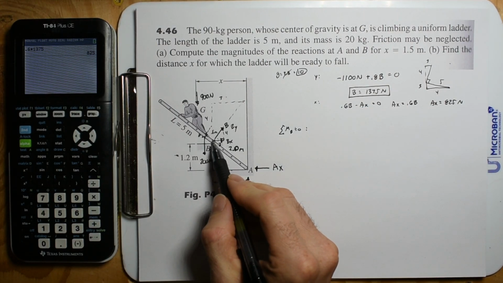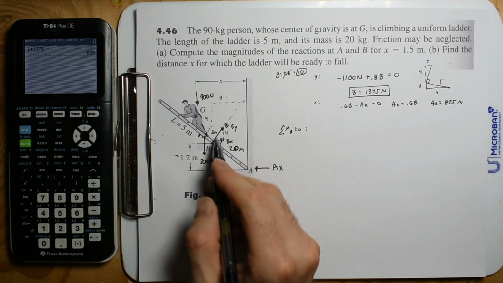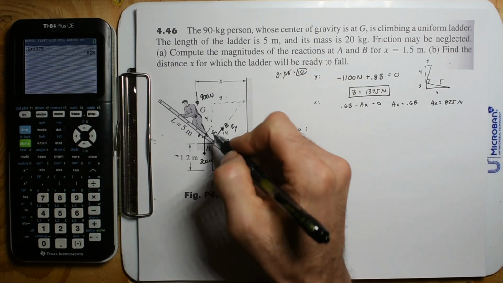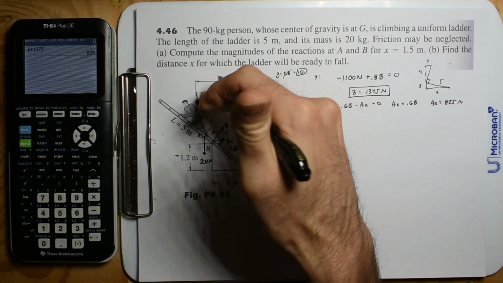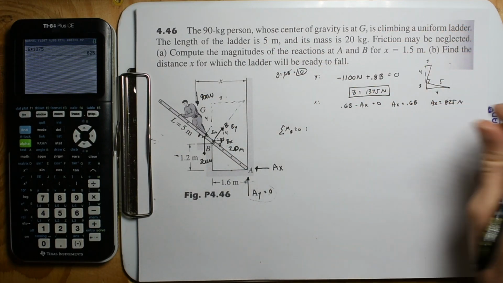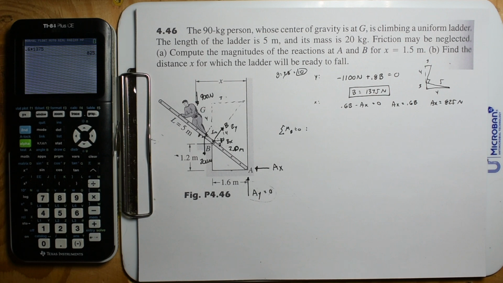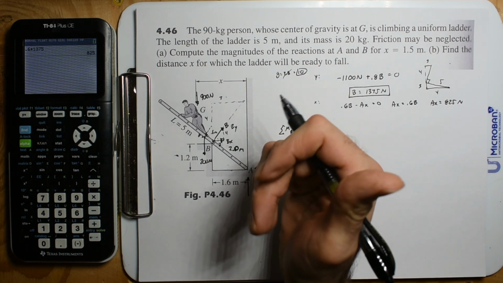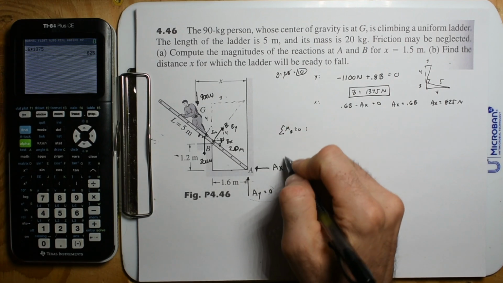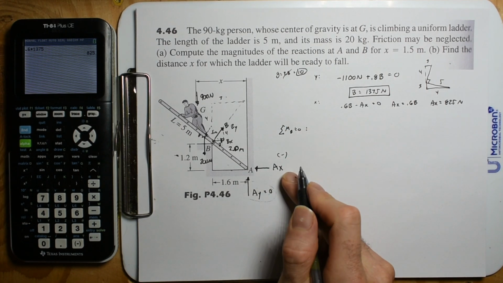So we're going to have this weight of 200 newtons. So hey, this weight's going to be positive, the guy's going to be positive, and then this one's 0, and then this one is the only negative one. Cool.